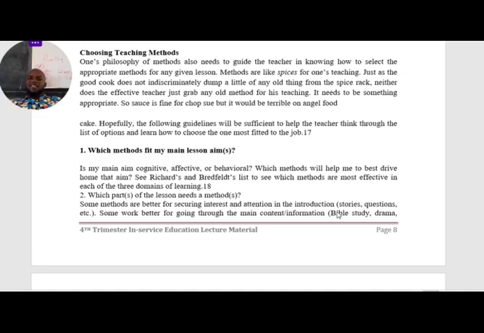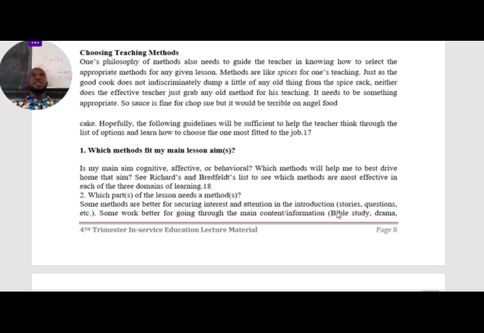Will it fit in what I'm going to do in that particular place? So you have to look at the method which will help you to bring out your aims clearly and score them.